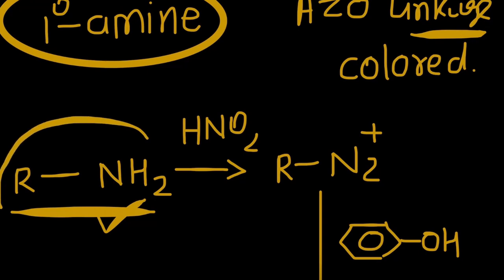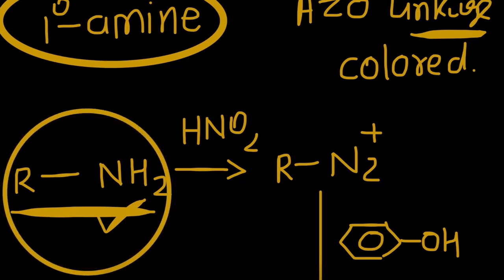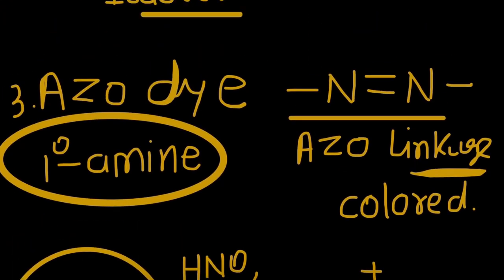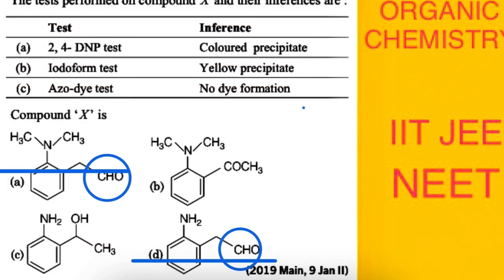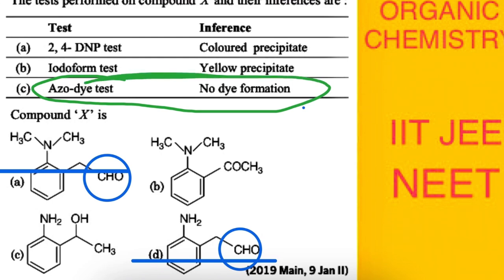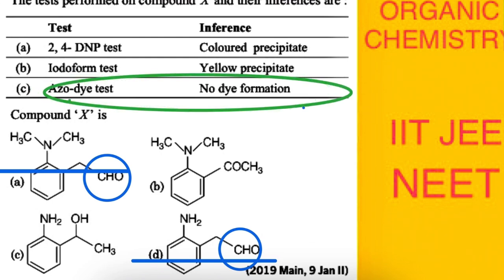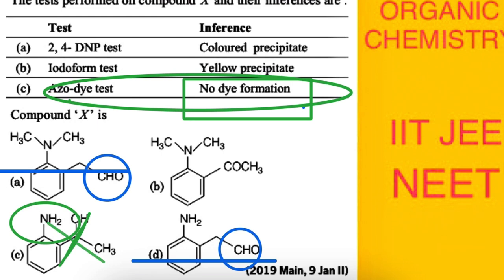That means a primary amine must be present for azo dye formation. Primary amine gives the azo dye test and precipitates, but here the azo dye test does not give any precipitate. That's why a primary amine is not possible in the product.